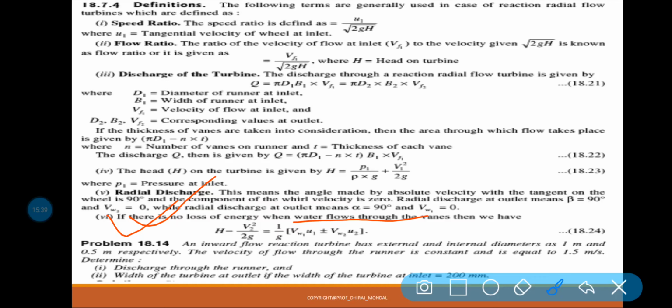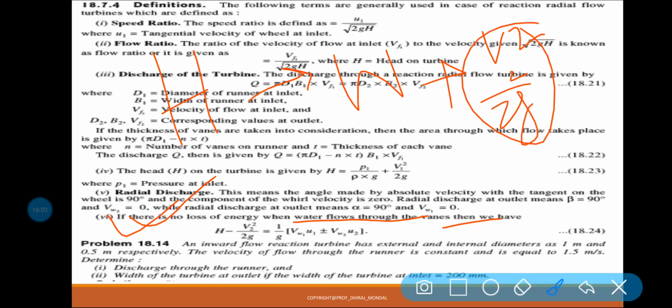Now if I want to find out the head, if there is no loss of energy when the water flows through the vanes, I am just considering there is not any kind of loss of energy. Then whatever head is available at the inlet of the turbine is basically going to convert into work done and kinetic energy. At the outlet we get the kinetic head V2 square by 2g.